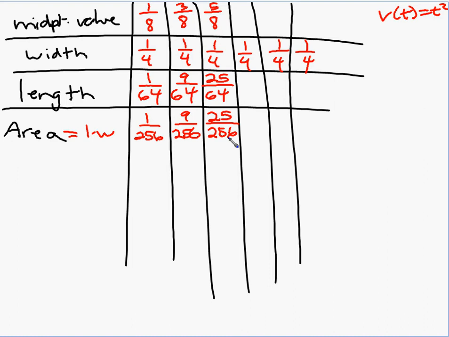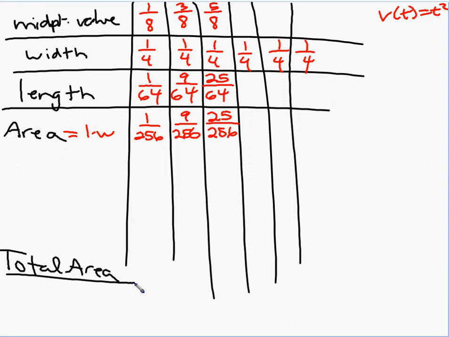Now, we said there's going to be 12 of them, right? Now, the more important thing I want you to get right now is, what is the total area going to be? When I get all those values, what's the total area going to be? Well, don't I have to add them all up? Right?